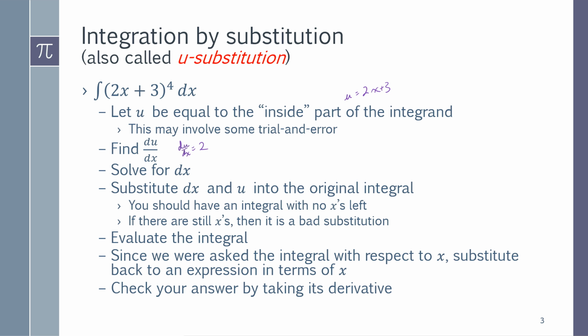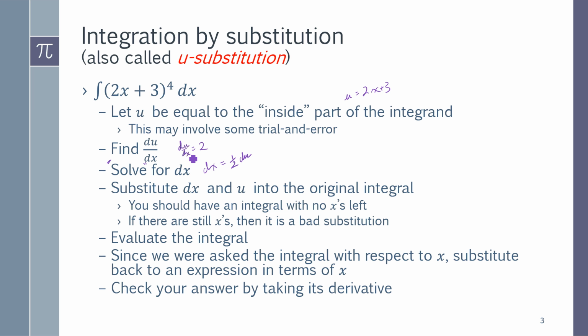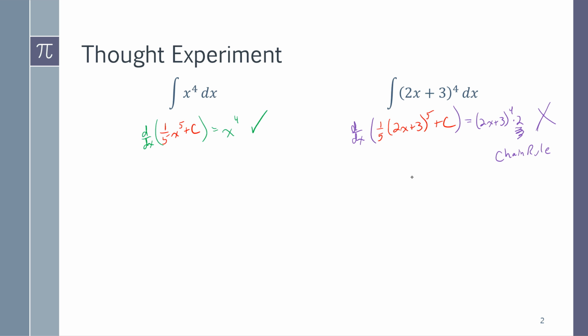Since I can think of this like a separable differential equation, I'm going to solve for dx. Although I should really say solve is in quotes here, because I'm not actually solving for dx. It ends up being dx equals 1/2 du, because I can multiply both sides by dx, and then multiply both sides by 1/2 to get dx by itself. And then I can substitute these into my original integrand.